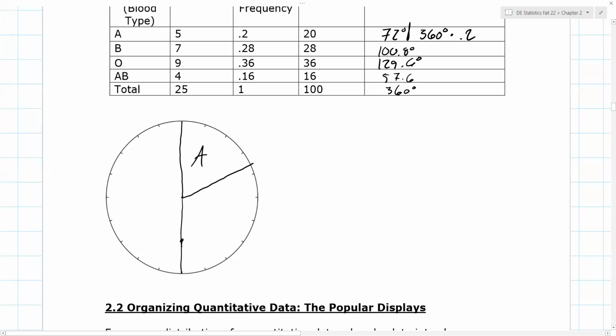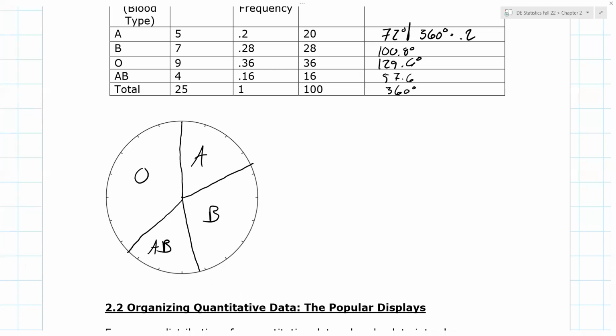So I'm going to move this guy in a little bit here. And that's going to represent my B. And then I have an almost 60 degree wedge. So something like that for AB. And this leftover part is O.